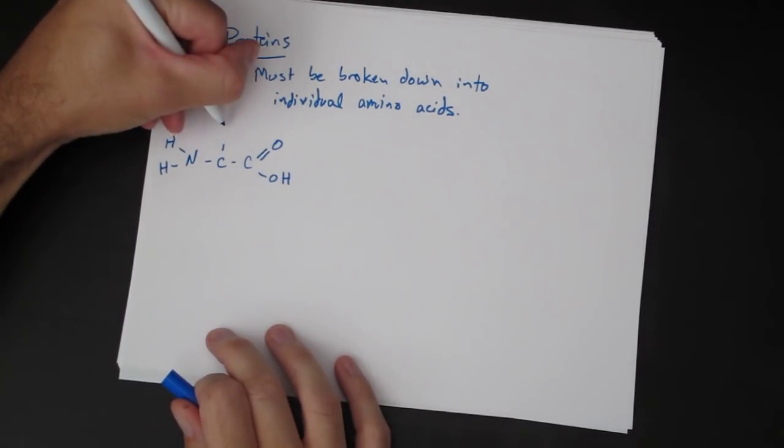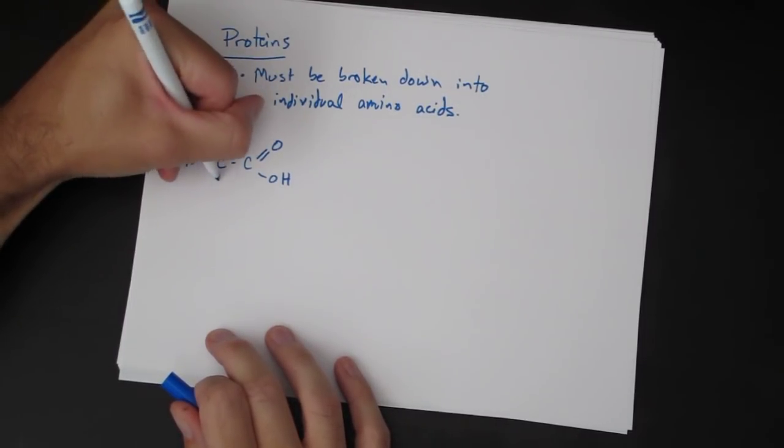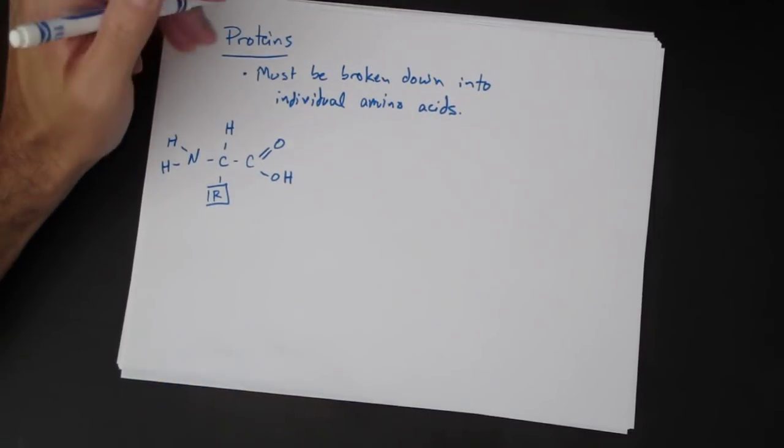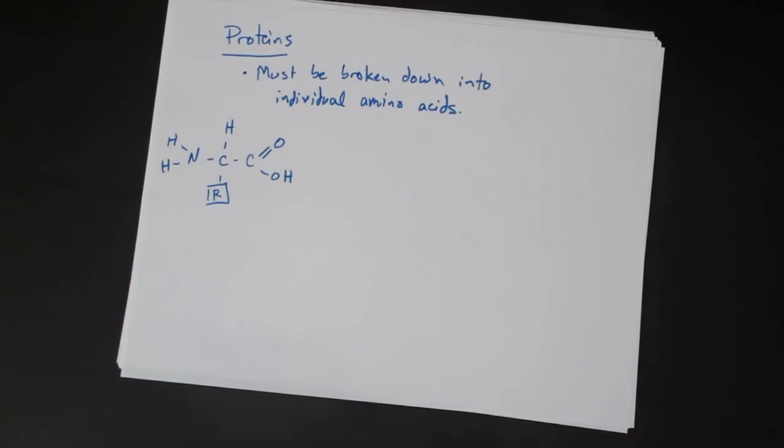An additional hydrogen here, and then we have our variable R group right here. That R group is going to cause these to vary a little bit in how they're metabolized. But the one thing they hold in common is this very first step, which is called deamination.